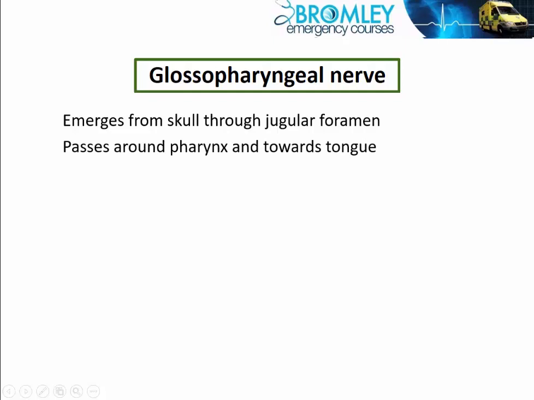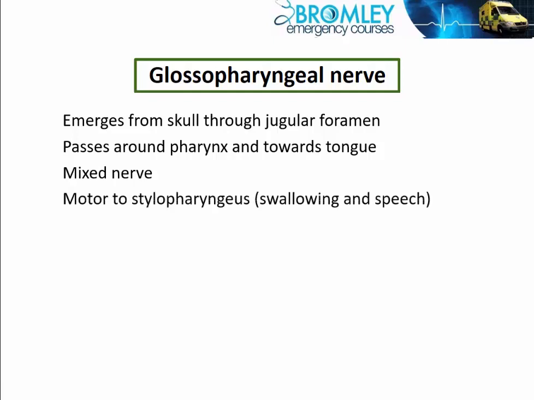So the glossopharyngeal actually winds around the side of the pharynx and heads towards the tongue and gives off a series of branches. It's a complex nerve, the glossopharyngeal, because it has at least 4 different functions to it. It's got a small amount of motor function, which is to one of the muscles involved in swallowing. We don't need to know the detail of it, but it's got a small amount of normal motor function.